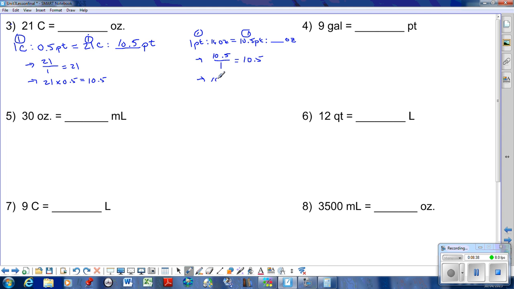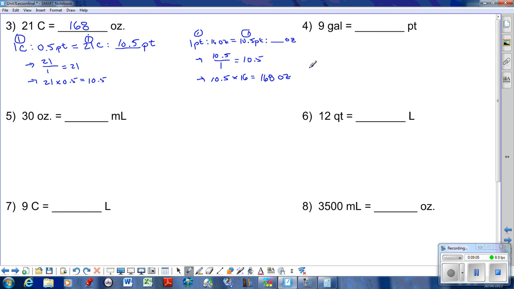Now we take the 10.5 and multiply it by the remaining number, which is 16, and we end up with 168, I believe. So 168 ounces. So our final answer is 21 cups would result in 168 ounces.